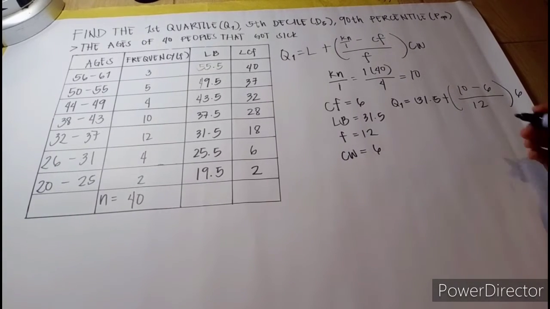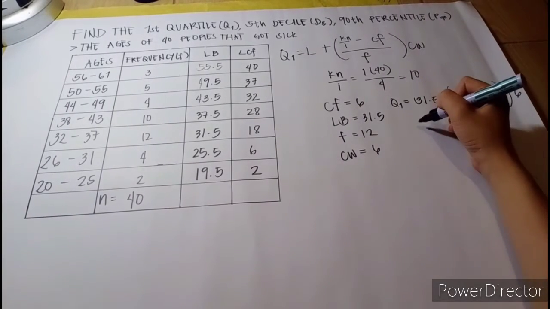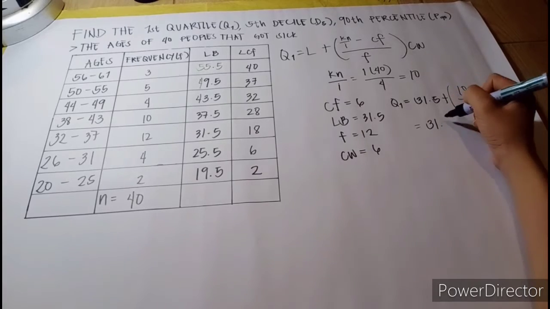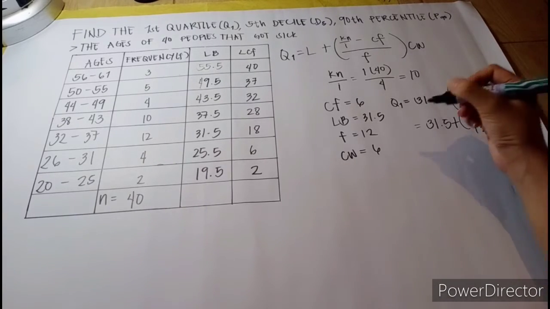So, let's solve 10 minus 6 first, plus 4 over 12 times 6.